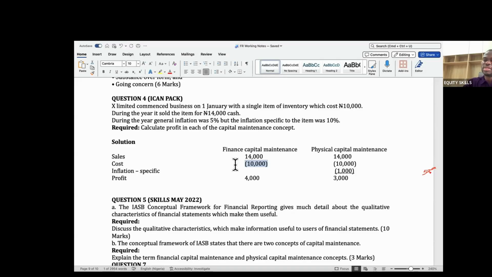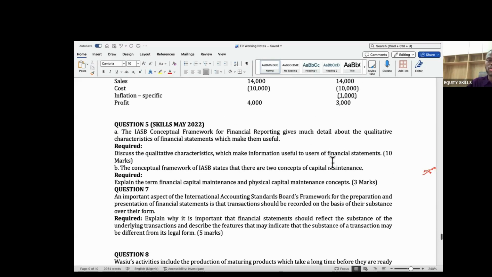But physical capital maintenance has made allowance for that. It has shown you the actual profits, net of inflation. So you can distribute 3,000 to shareholders. You still have 11K, your cost, which can buy the quantity you bought at the beginning. So you are still at the same level you were. And that's what we call capital maintenance, maintaining your capital. Don't lose your capital.